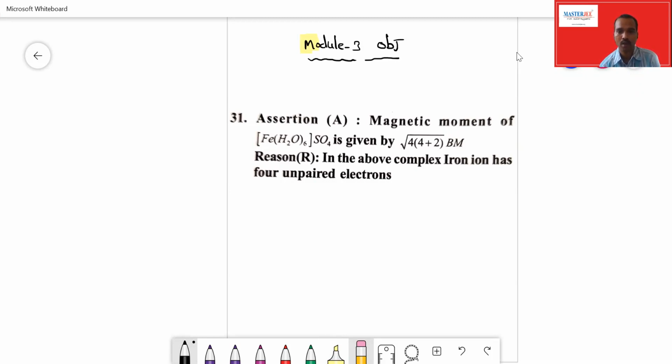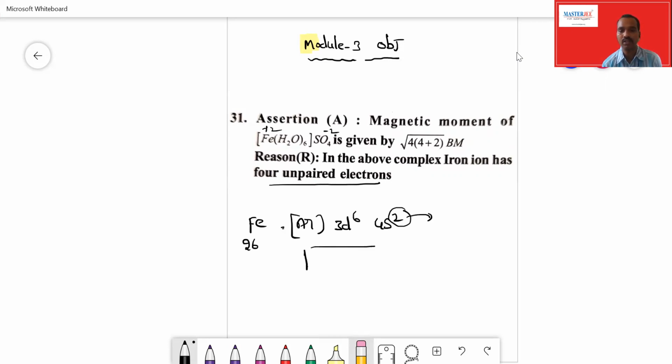In the above complex, iron has 4 unpaired electrons, they are saying. We'll check. The complex is -2 and the iron is +2, so iron is in the +2 state. Iron is 26, argon 3d6 4s2. After losing these 2 electrons from here, how many electrons does the 3d orbital have? We'll check here.